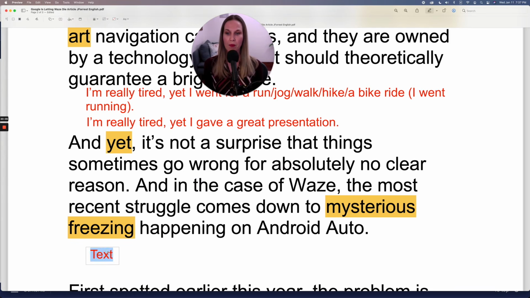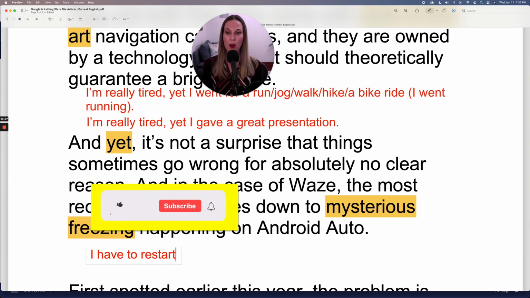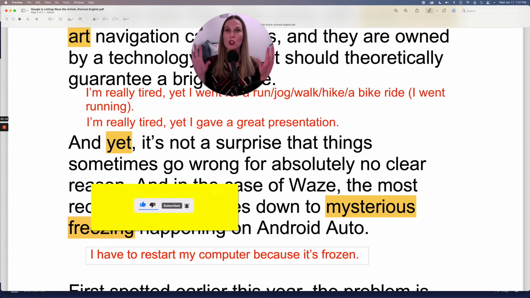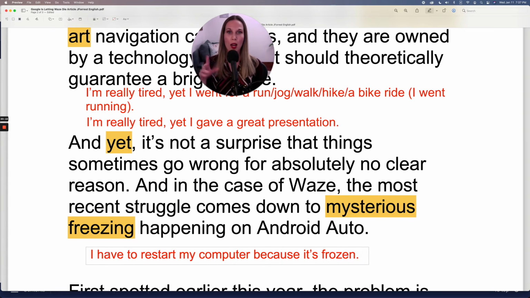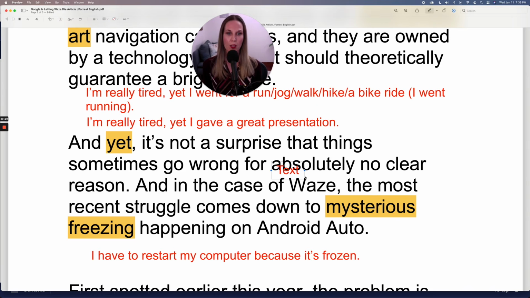I might say, I have to restart my computer because it's frozen. So everything stops working. My mouse won't move. I try to close a web page. It doesn't close. It's frozen. So our verb is to be frozen. To be frozen.